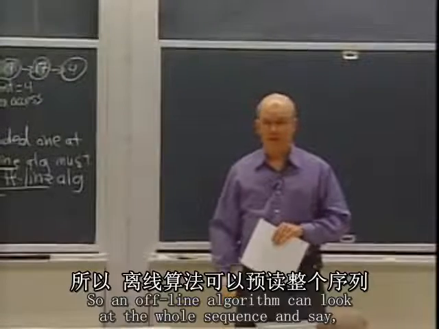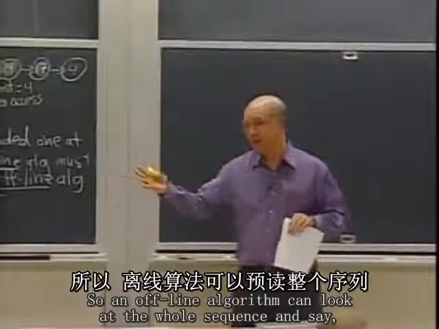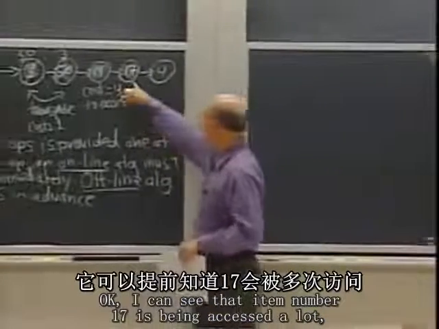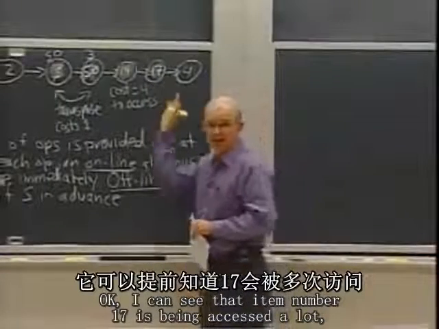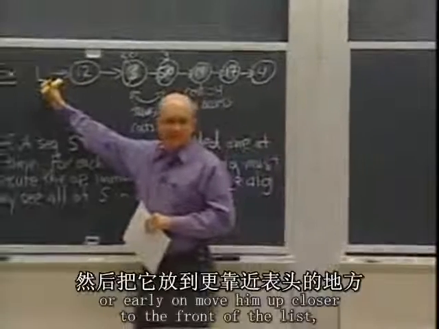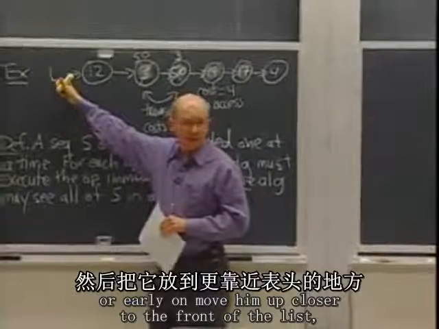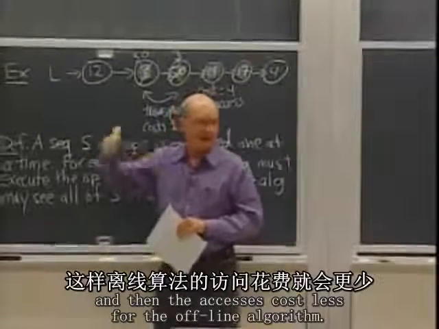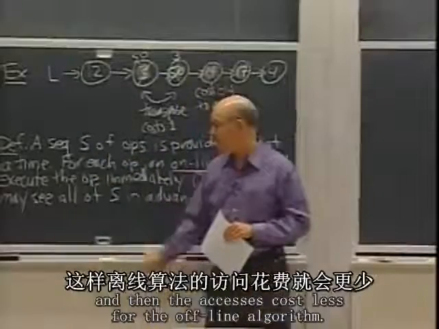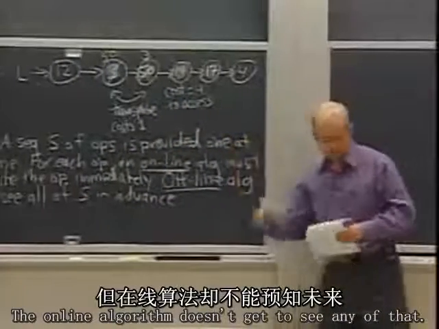So an offline algorithm can look at the whole sequence and say, okay, I can see that item number 17 is being accessed a lot. We'll move him early on, move him up closer to the front of the list, and then the accesses cost less for the offline algorithm. The online algorithm doesn't get to see any of that.